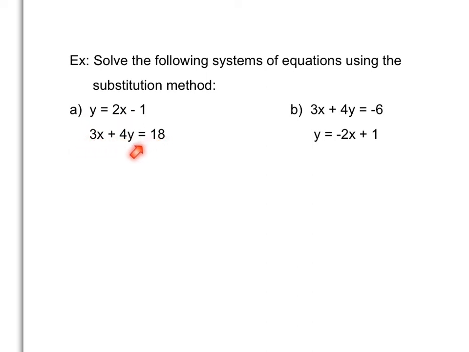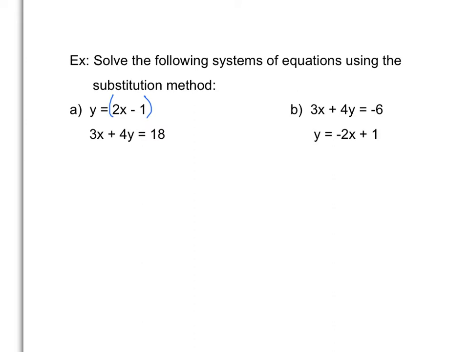Now I'm going to start with this one since the y is already isolated. This is what is going to be substituted into the other equation. Since it's y equals, this part of the equation is going to go in and replace the y here. So the first thing I'll do is put a bracket around this part.